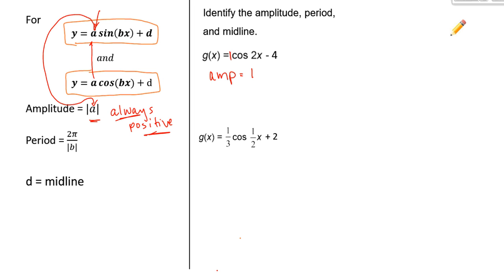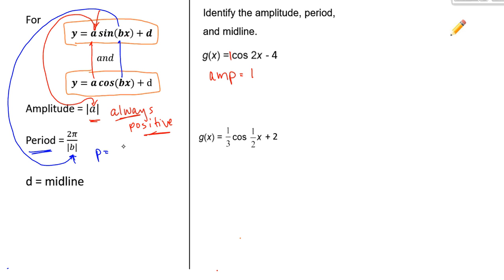All right. Next, let's talk about the period. Period relies on the letter b. That's this guy. That b that's inside being multiplied, it's right directly next to the x. It's how you're going to compute your period. Again, it's in absolute value bars. Period, again, will also be always positive. But it's just this formula.